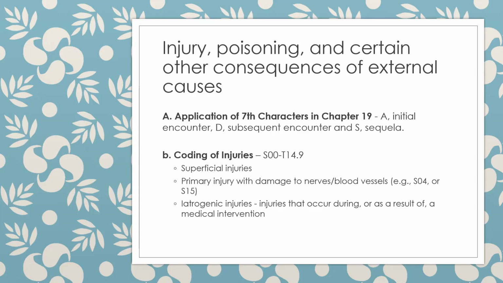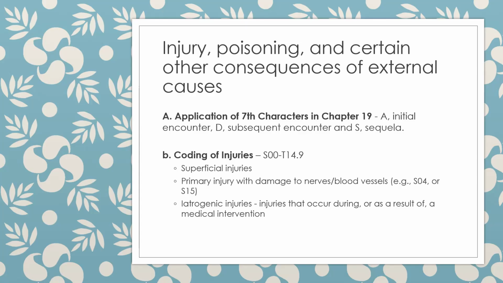So, number one, superficial injuries. Superficial injuries such as abrasions or contusions are not coded when associated with more severe injuries of the same site. Number two, primary injury with damage to nerves or blood vessels.